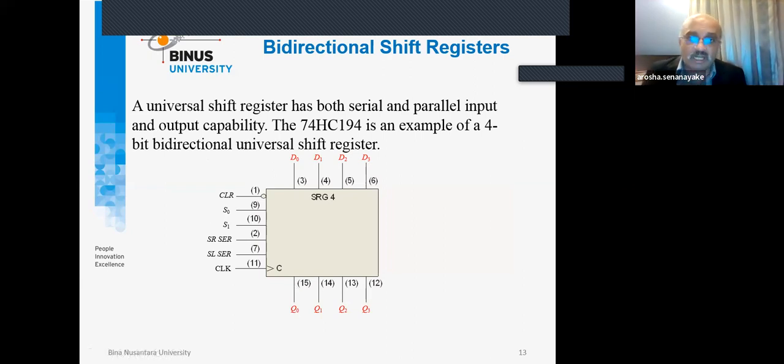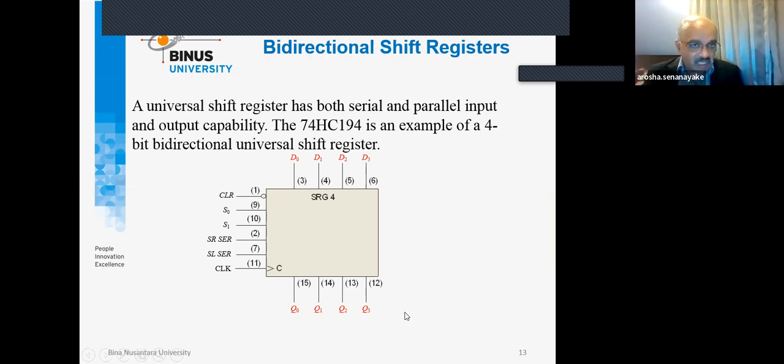Likewise, there are ICs available in the market that you can buy and use. One of the universal, bidirectional shift registers is the 74HC194, a 4-bit bidirectional universal shift register. As you can see, in this case we have D0, D1, D2, D3 and Q0, Q1, Q2, Q3.